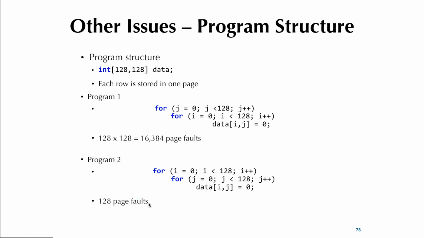So your access pattern, that's another way of saying your locality, can make a big difference. Certain compilers are aware of this and can optimize that for you. But you should be aware that there's a limit to how much the OS can do, and sometimes you just have to rely on the compiler to be aware of the cache, memory, virtual memory, and paging characteristics to make it run efficiently.